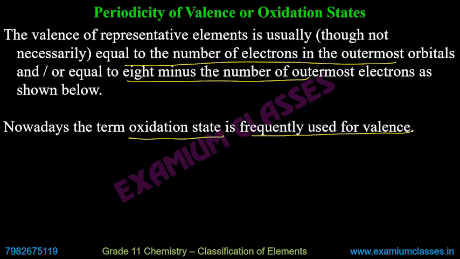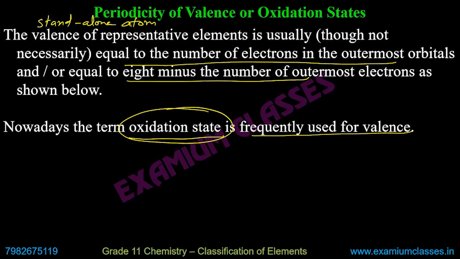So valence is something more related to a standalone atom. But oxidation state is something when that atom is combined with some other atom and forms the molecule.